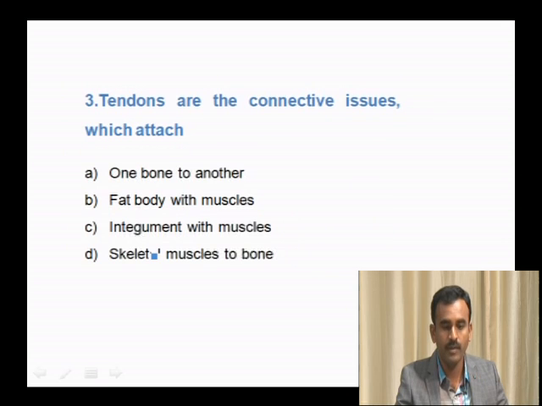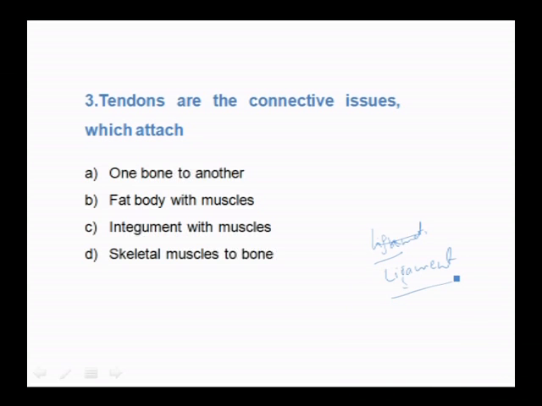Next question. Tendons are the connective tissue which attach. Tendons and ligaments are the two important tissues which join muscle with bone and bone to bone. The ligaments are the connective tissue which link bone to bone.